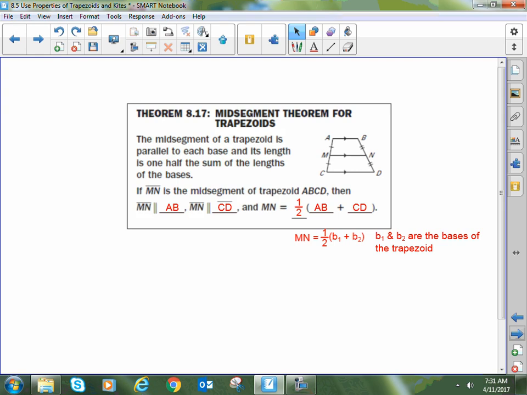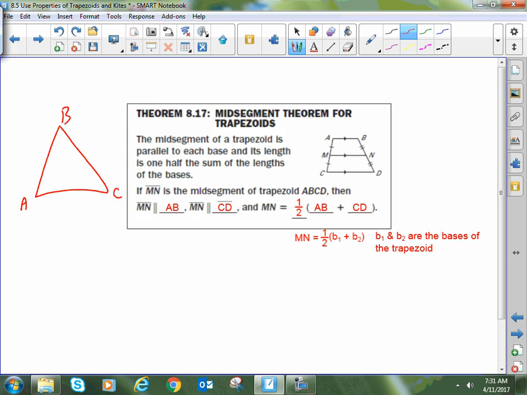In a triangle, let's say triangle A, B, C, where this is a midpoint and this is a midpoint, and we would call these M and N. One of the characteristics that we saw about a midsegment of a triangle was that it was parallel to the third side of the triangle, and it was half as long as the third side of the triangle.